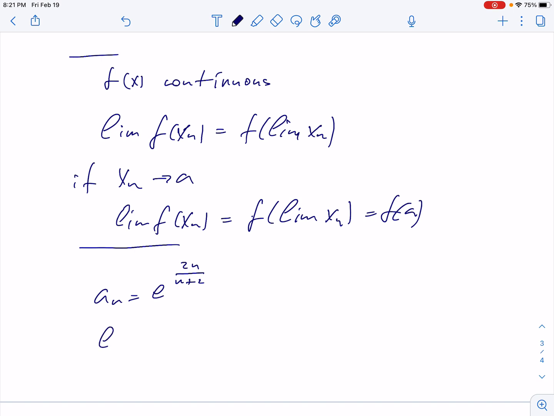So I'm writing limit a sub n equals limit exponential to 2n over n plus 2. Exactly like in the previous case, because the exponential function is continuous, I can bring the limit inside the function. So this becomes exponential limit 2n over n plus 2.